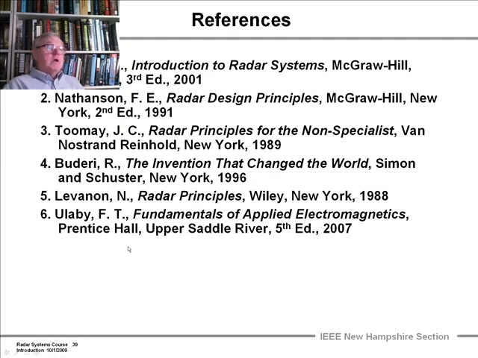I'd also add, for the physicists, Griffiths's book on electromagnetism, which tends to be the book that physicists take their junior year. It's the equivalent of this book by Ulaby that electrical engineers take their junior year, which would be great going into the next lecture.